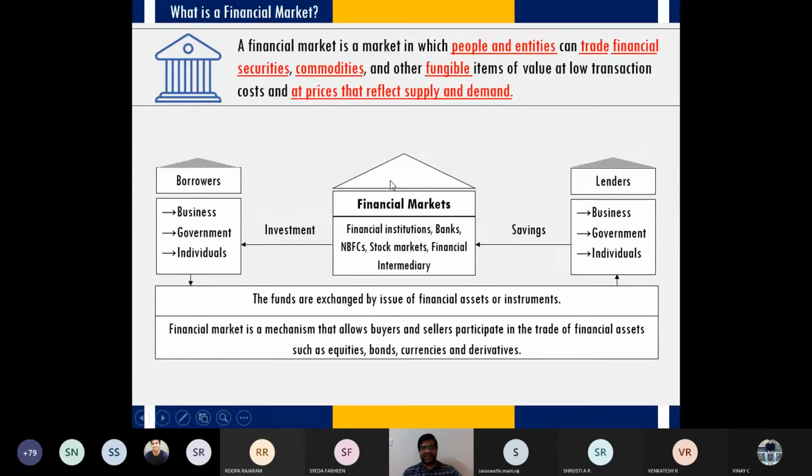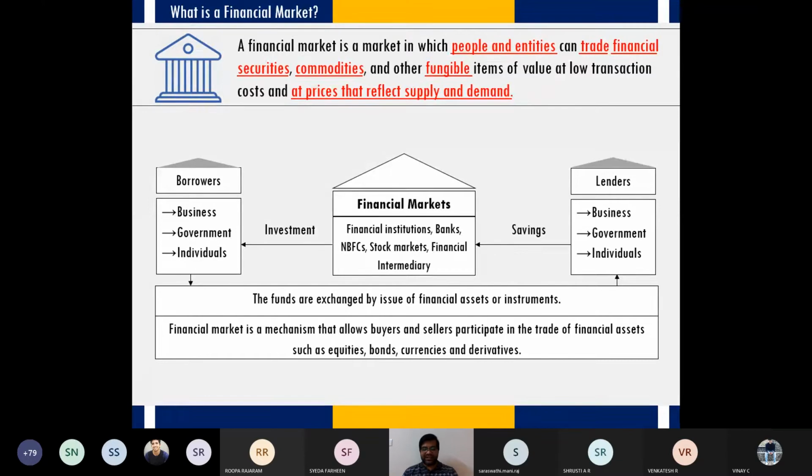So the bank becomes the connecting bridge between the lender and the borrowers. So the examples of financial markets are your financial institutions, banks, non-banking financial corporations, stock markets, financial intermediaries. All these entities constitute financial market, right?